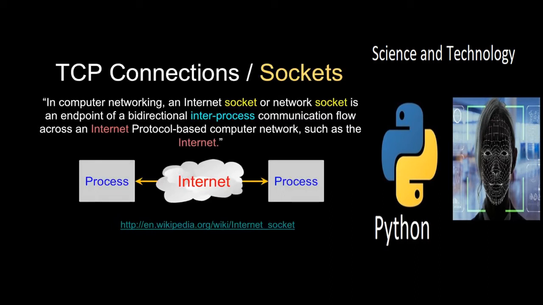On your side it might be your browser, Chrome, Firefox, Internet Explorer. On the other side is a web server, might be Microsoft's IIS, or Apache, or Java Tomcat. There's another program, and you are making phone calls between these programs.